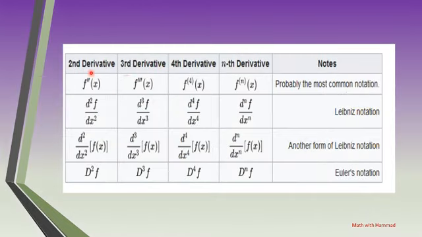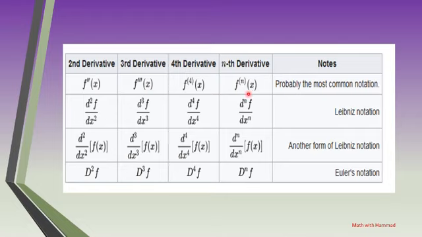There are several notations used by different mathematicians for the second derivative, third derivative, fourth derivative, and nth derivative. f double dash represents the second derivative, f triple dash represents the third, and f of n represents the nth derivative.